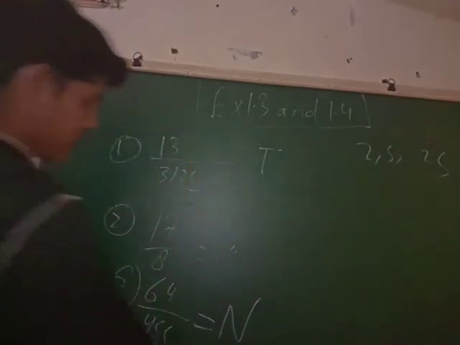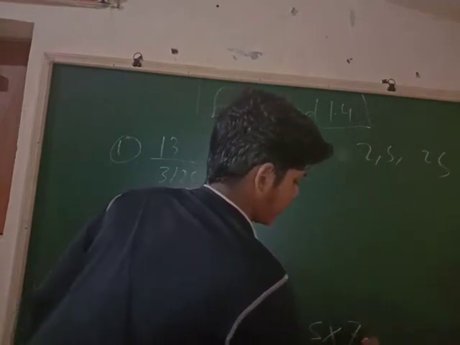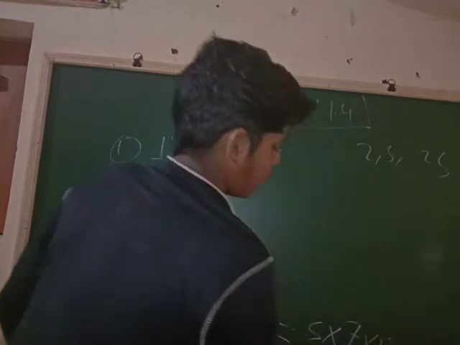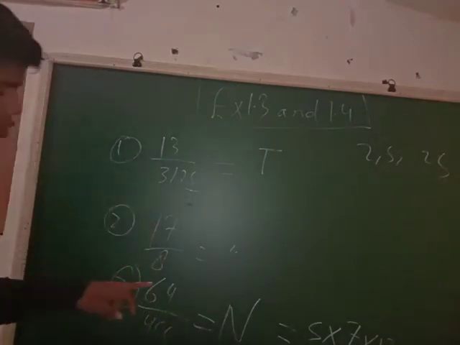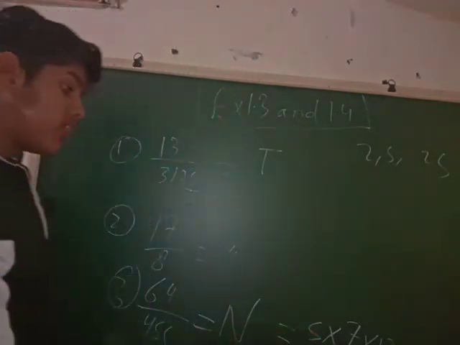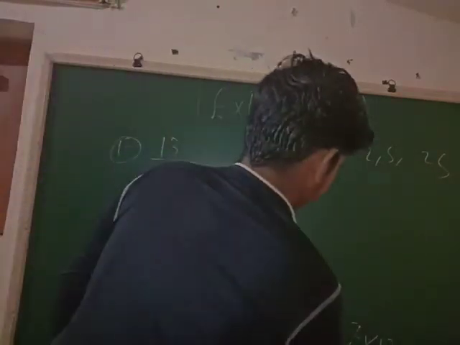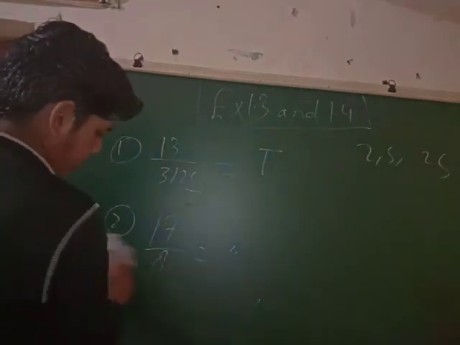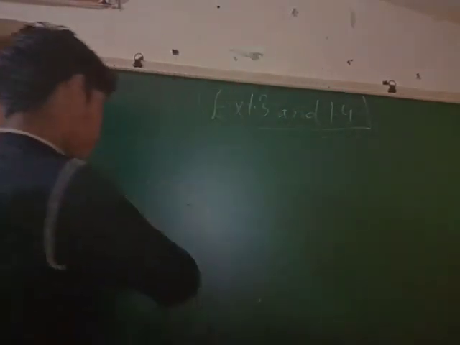Because when you factor this, the factor of this number is 5 into 7 into 13. When you first divide it by 5, it became 12.8. And when you divide by 7, then it became a non-terminating number. Now I am solving another question. I am only reading the question and telling.